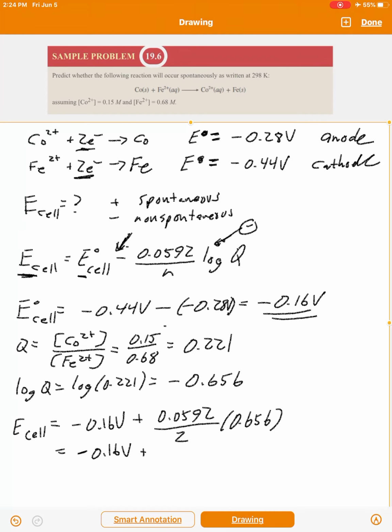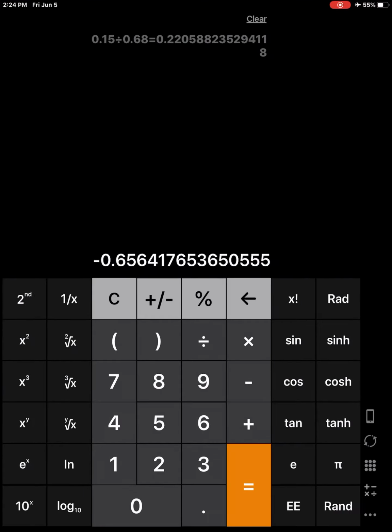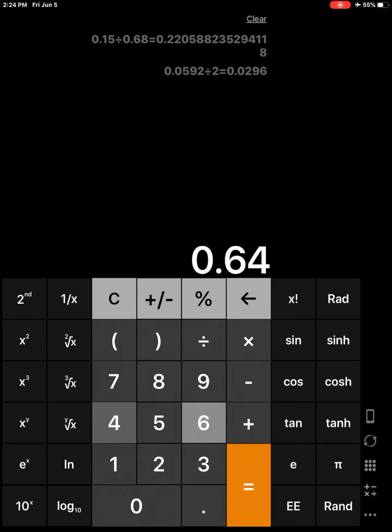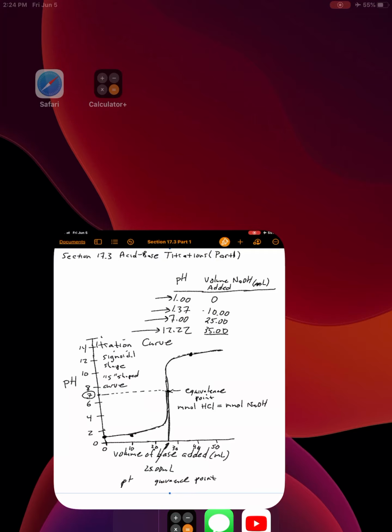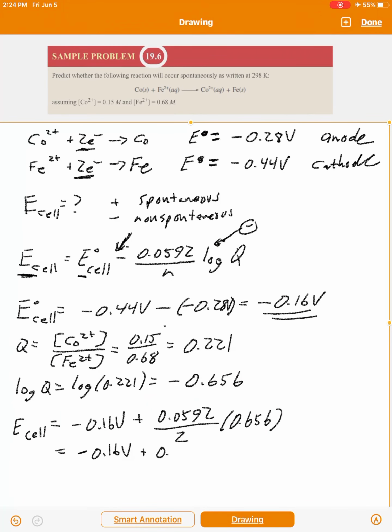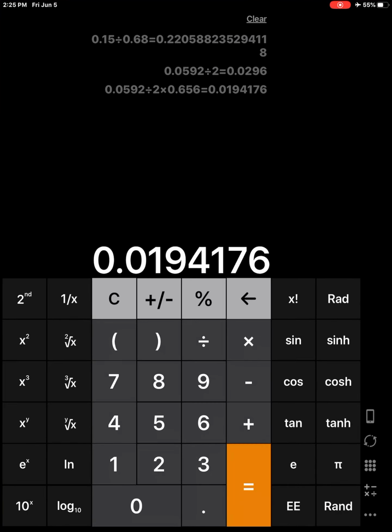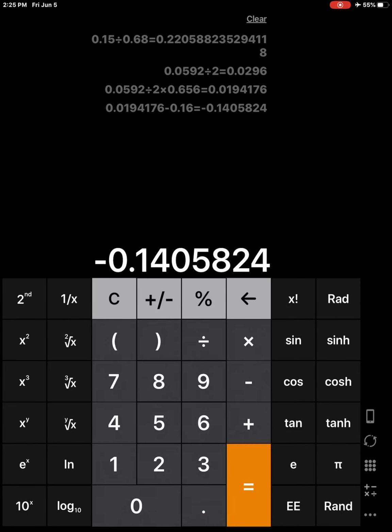Plus, I know that'll be positive. 0.0592 over 2 times 0.656. 0.0194. Okay, it doesn't look like it's going to work, right? It doesn't look like that's a big enough positive value to overcome the negative 0.16. So if I subtract from that 0.16, you still get a negative 0.14.